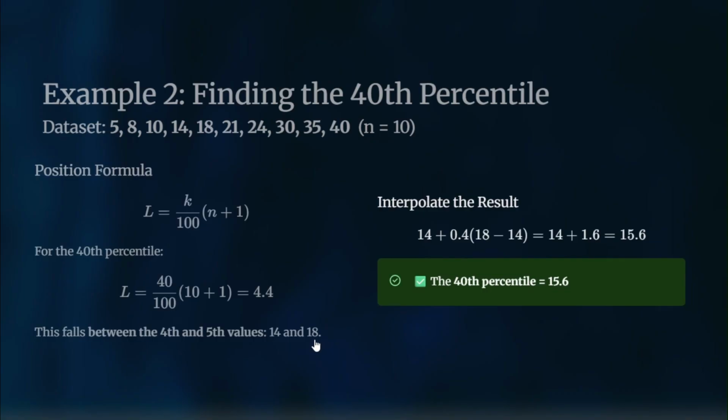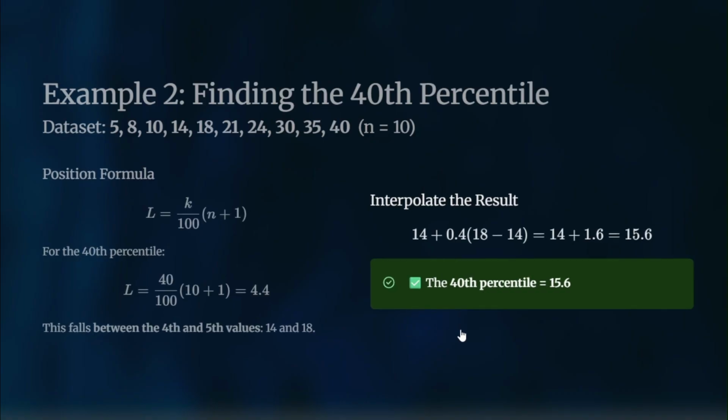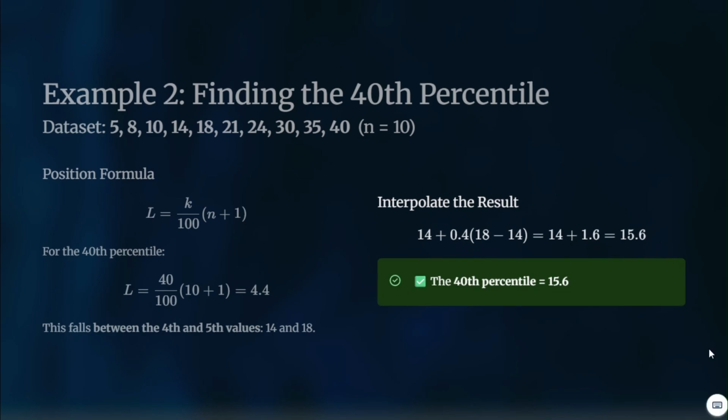Since it is 40% of the distance between the 4th and the 5th value, that's what we'll do in order to find the result. So 14 plus 0.4 times 18 minus 14 is 14 plus 1.6, which is 15.6. In other words, the 40th percentile is 15.6, or 40% of the values will fall below 15.6.